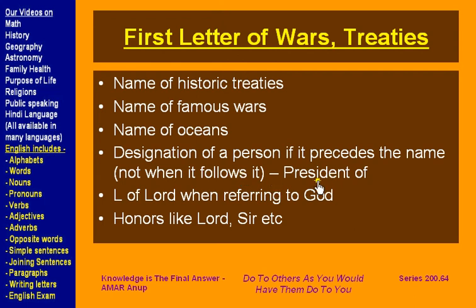Designation of a person, if it precedes the name, like we say President of so and so, or we say President Bush. So P in President and B in Bush will be capital. When we talk of companies, there are presidents in the companies also, and for company designations the company decides what they want to do.